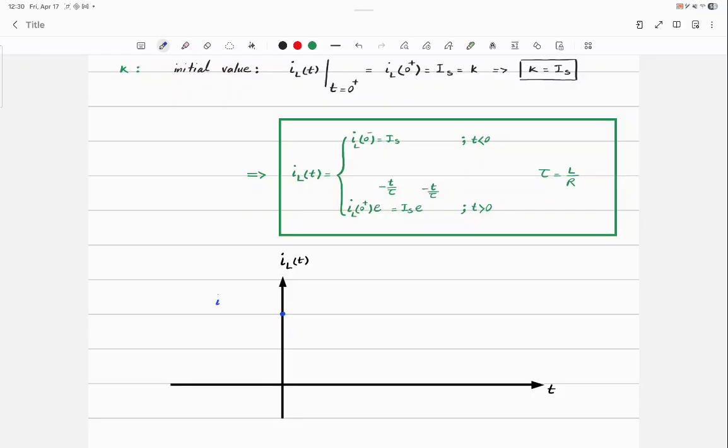This is IL 0 positive equals IL 0 negative, and it's equal to IS. What happens after? Curves downward, exponentially decays, right?